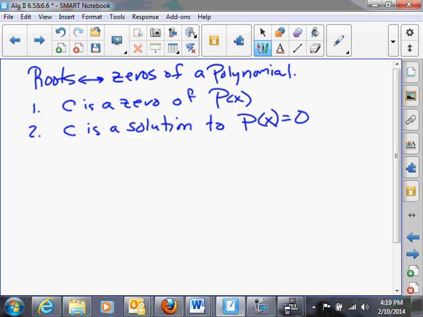I mean, that one seems pretty obvious. If C makes P of X 0, when you put C into P of X, it makes the equation P of X equals 0 true. Okay.